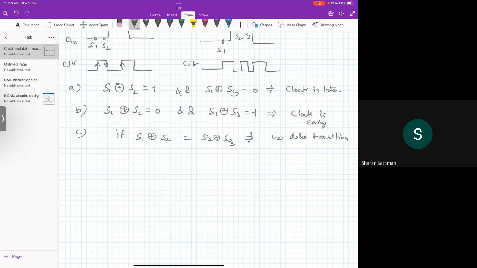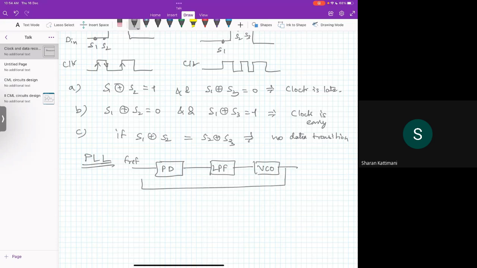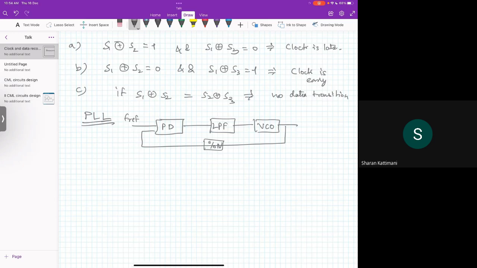Okay, so if you just look at the PLL, generally we have a phase detector. This phase detector is based on F reference. Okay, and then low pass filter, and then we have VCO. Okay, and then we apply the feedback to the phase detector. Sometimes there is a divide by n, but that is not always required. Okay, so this is the PLL block.